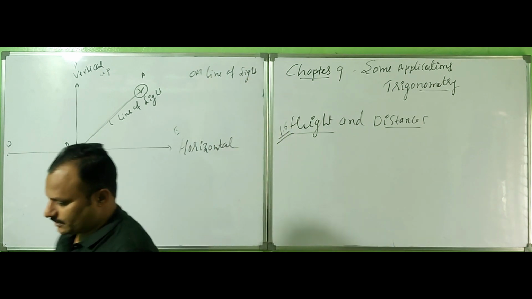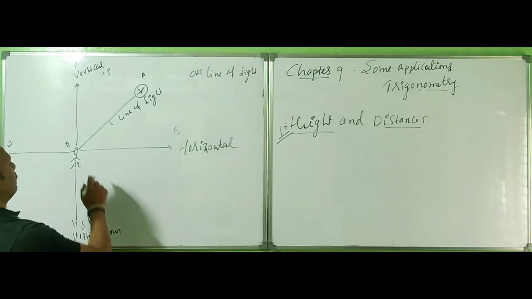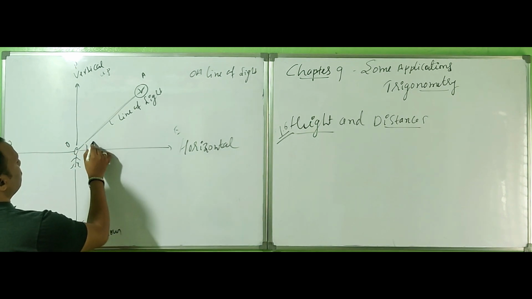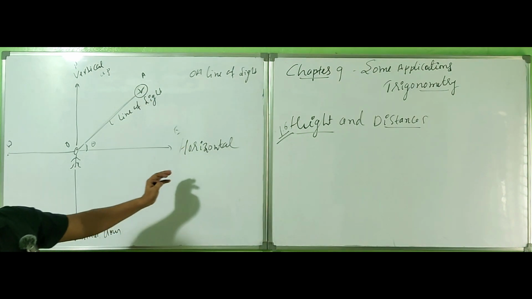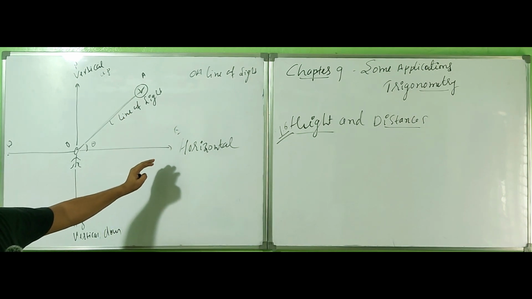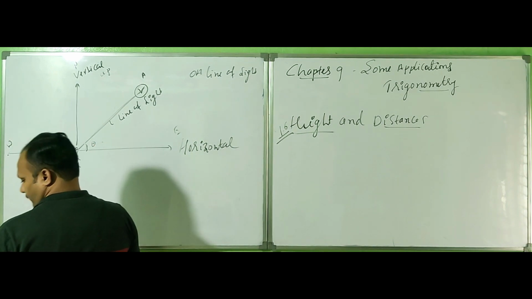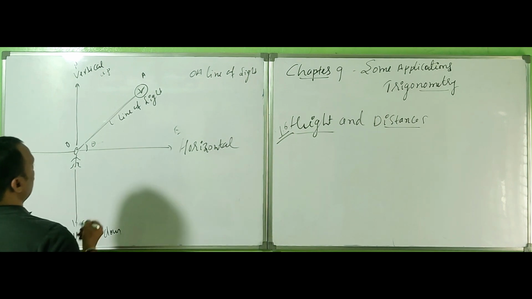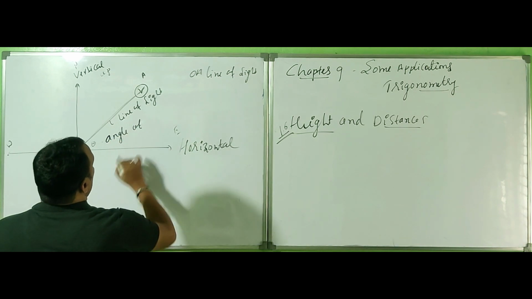Now you can make an angle here, this is theta. This line of sight makes an angle with the horizontal, and this is called the angle of elevation.